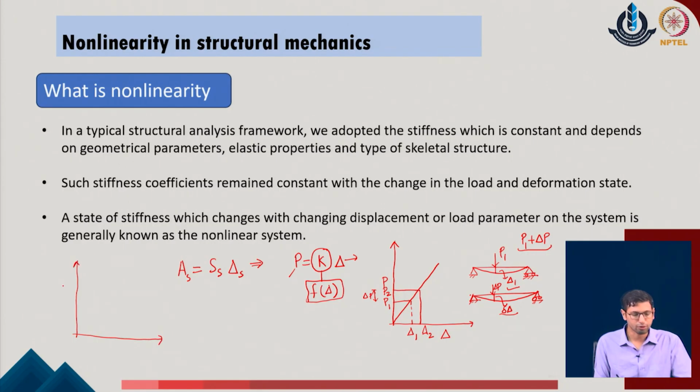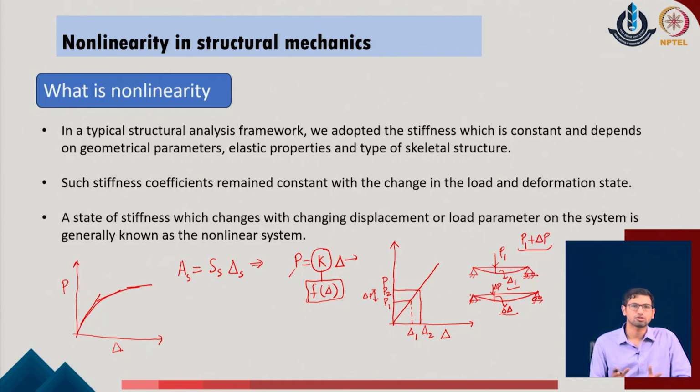So, what we are typically talking about is a system in which, as the delta or the load value increases, we look at the changes taking place in the subsequent value. These relationships will no longer be defined by a linear relation; rather, the stiffness value will keep on changing, and what we mean by that is that the tangent on the curve at different positions is going to take different values, and this makes the problem nonlinear.